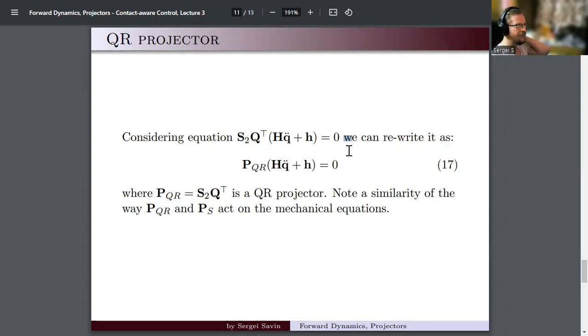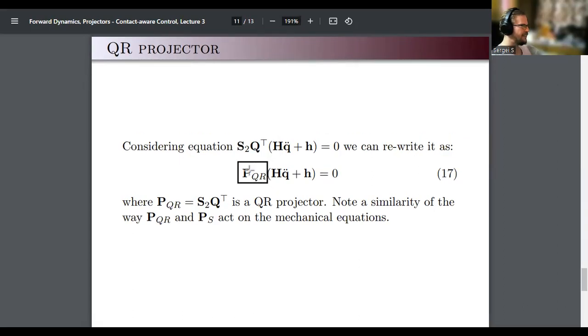But where it always works is for floating base dynamics of walking robots. If you have a walking robot, the dynamics have this very specific form where this equation would always work. And that is what they prove in their paper. In fact, what they actually prove, and that is maybe what we will study next time, is that this projector leads to the exact same results as this projector if you use it to solve inverse dynamics for walking robots.